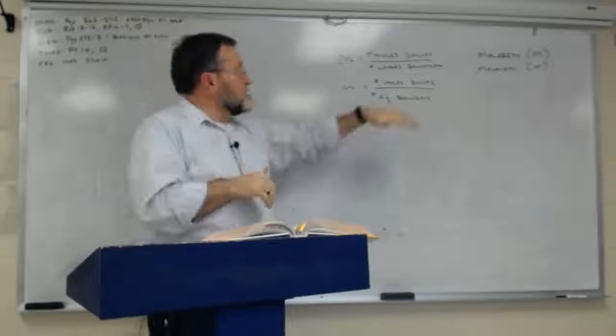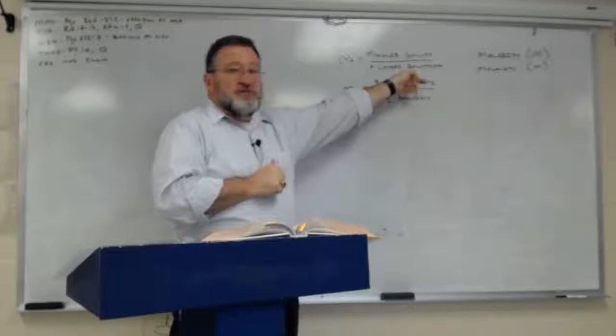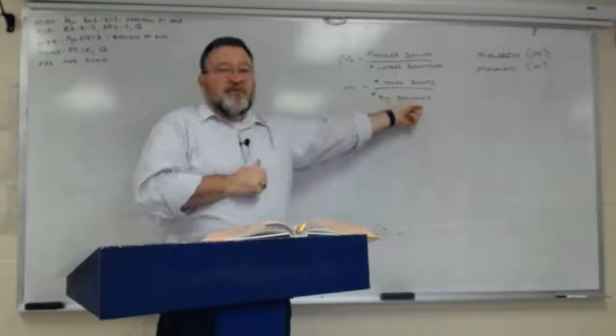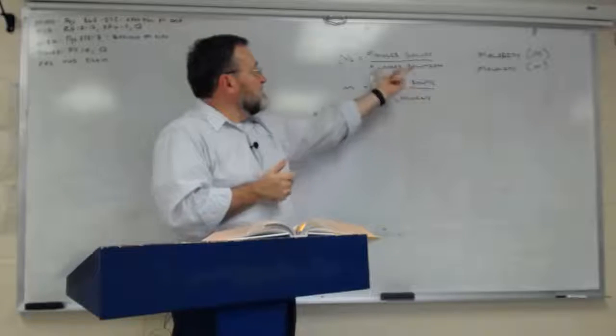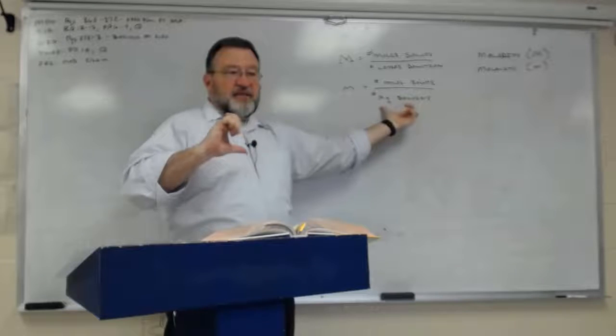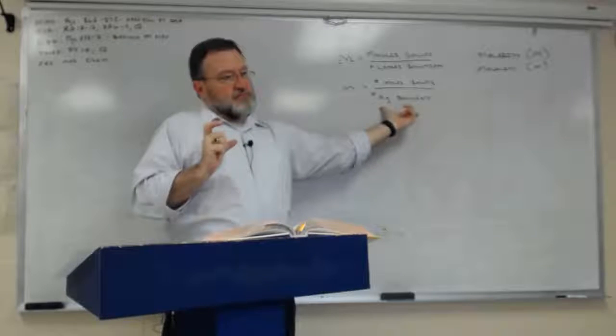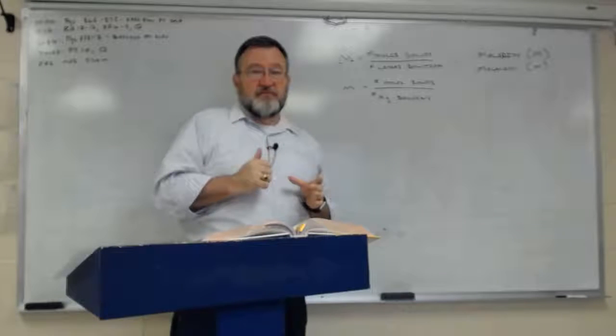Ultimately, it comes down to remembering the definitions. This is per liter of solution. This is per kilogram of solvent. In the saltwater analogy, this is the volume of the total that I have. This is how many kilograms of water I have. That denominator is not going to change unless you add more solvent.